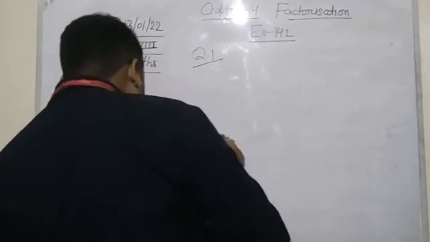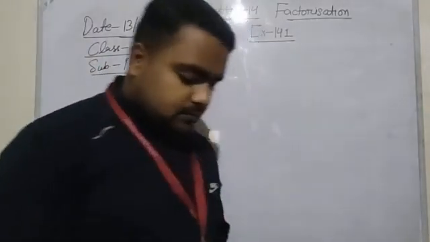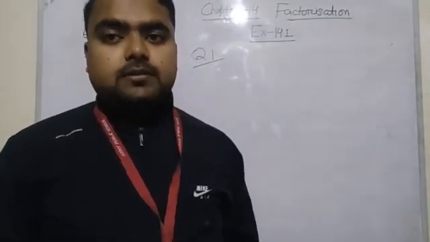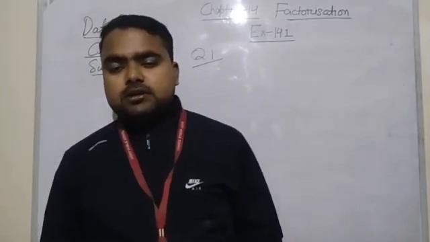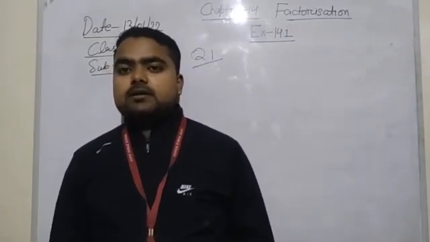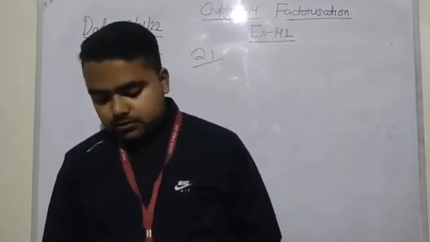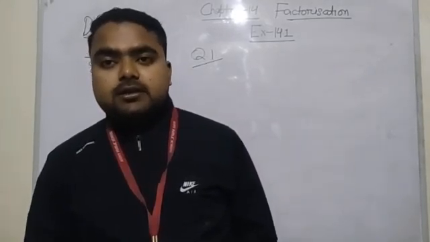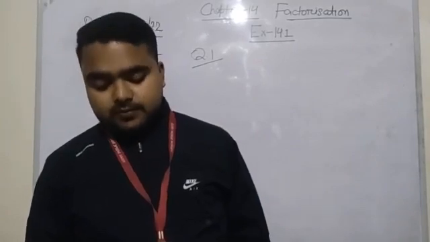The first question is, we have to find the common factors of the given terms. There are some terms and we have to find the common term. So the terms are 12x and 36. So the common factor is 12.